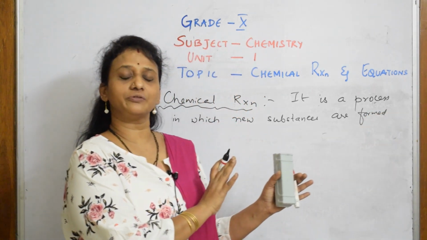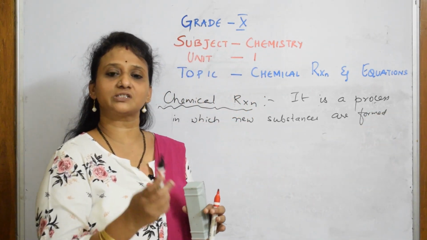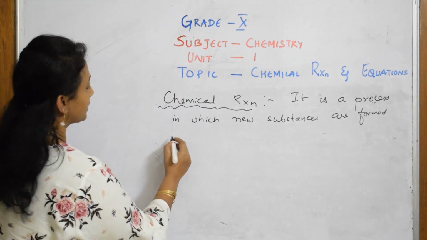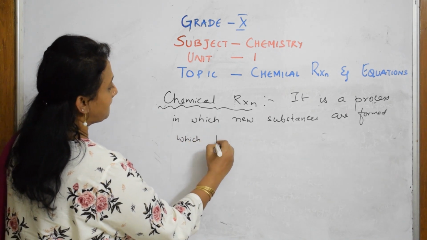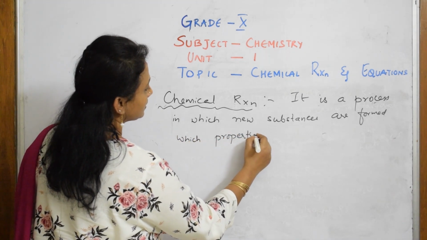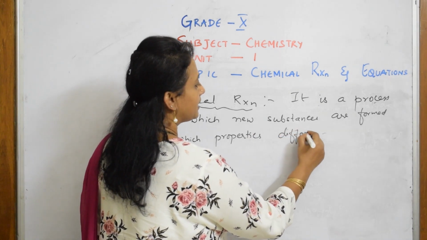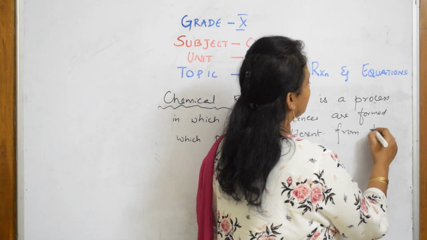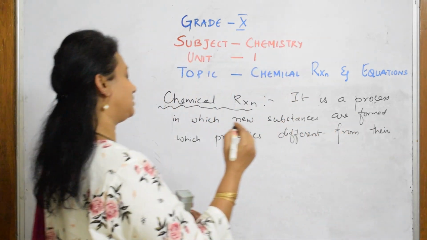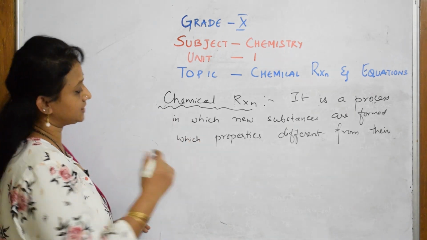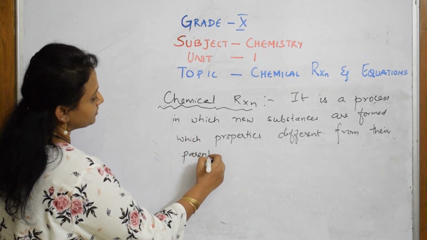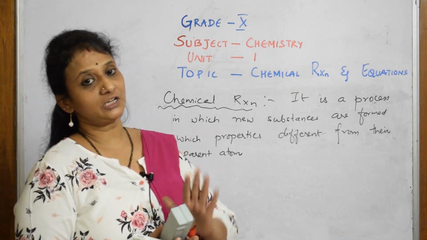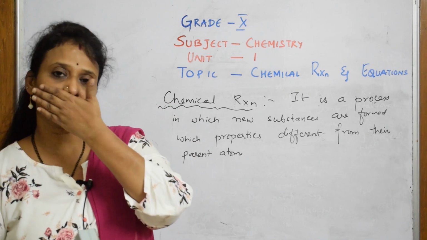Two or more substances have mixed up, and a new substance is formed from this, with different properties from their parent atoms. So different properties from the parent atoms. That means whatever has initially combined together, the properties of those will be different when compared to the products.